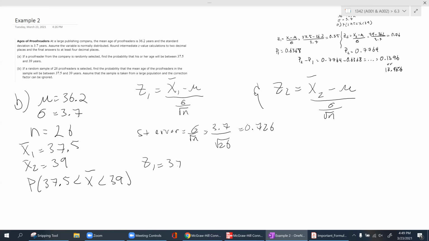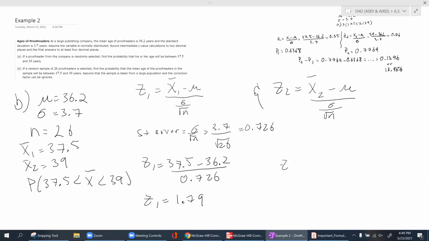All right, so Z1 is going to equal X1, which is 37.5 minus mu over standard error. My standard error was 0.726. And when we go ahead and solve this, you should get 1.79. We're going to do the same thing for the other side.